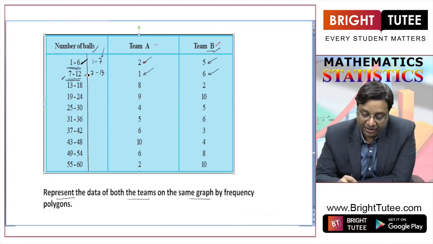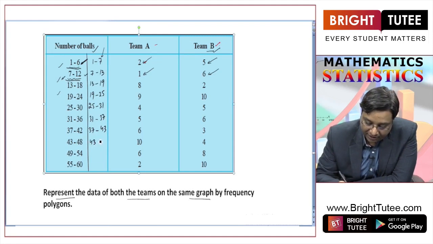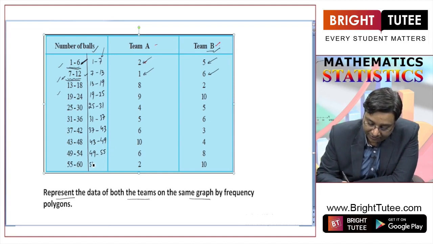So this class interval can be made continuous by writing it 1 to 7, 7 to 13, and then 13 to 19, 19 to 25, 25 to 31, 31 to 37, 37 to 43, 43 to 49, 49 to 55, and then 55 to 60.